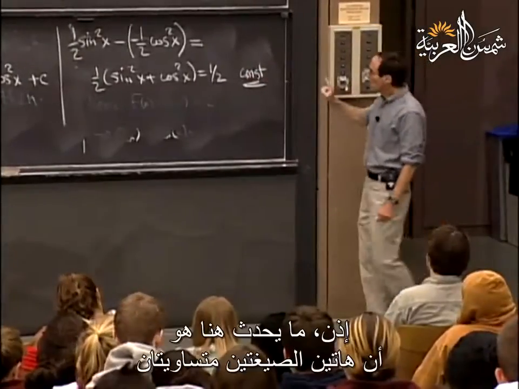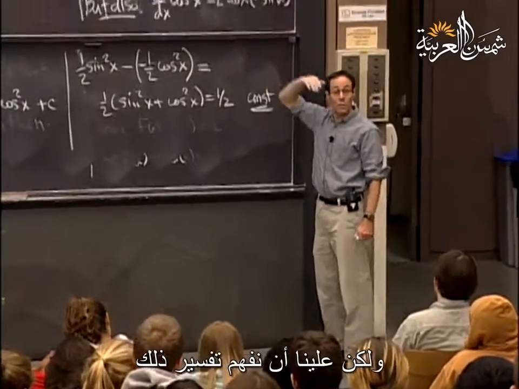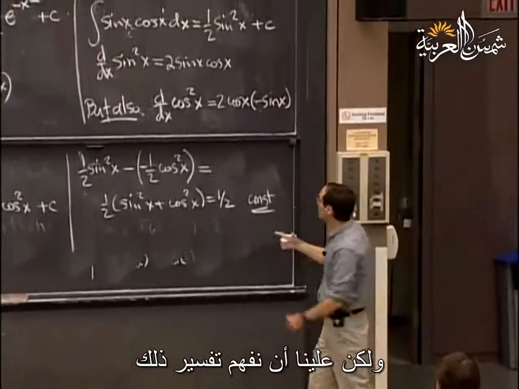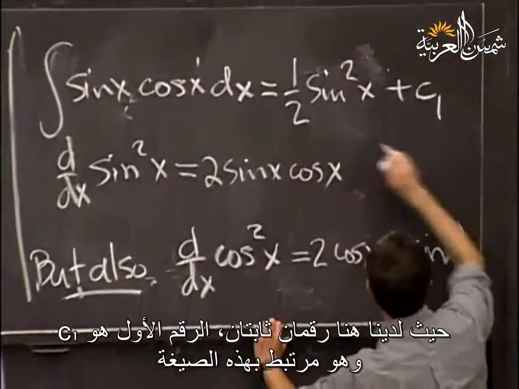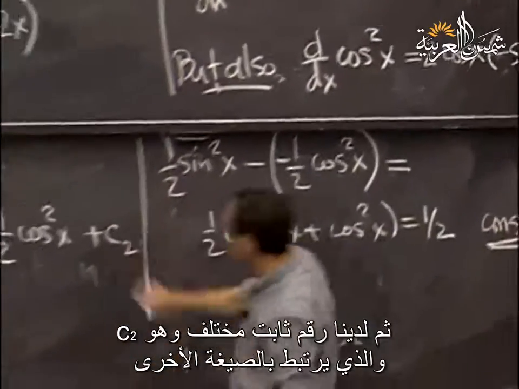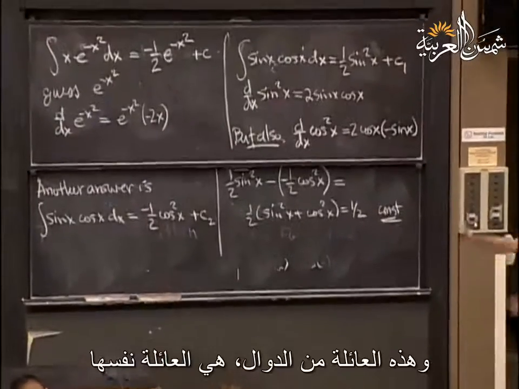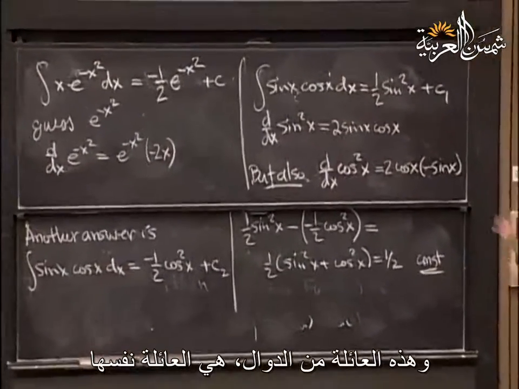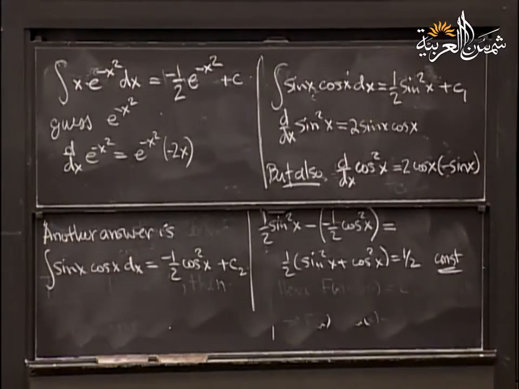So what's really going on here is that these two formulas are the same, but you have to understand how to interpret them. Here's a constant up here. There's a constant C1 associated to this one. There's a different constant C2 associated to this one. And this family of functions for all possible C1s and all possible C2s is the same family of functions. And what's the relationship between C1 and C2?